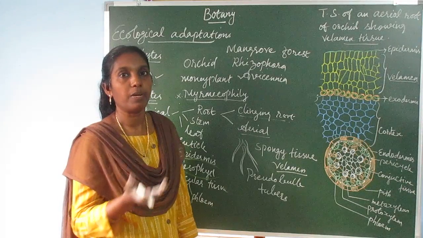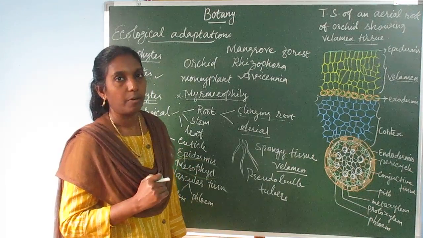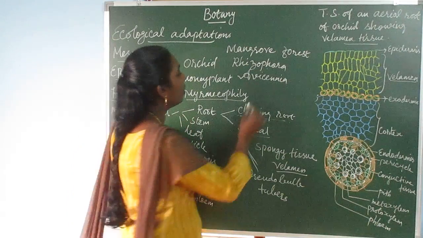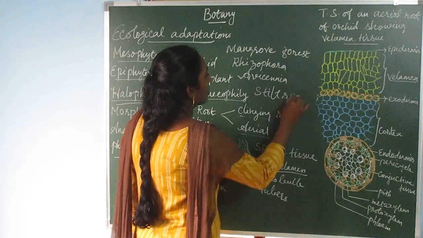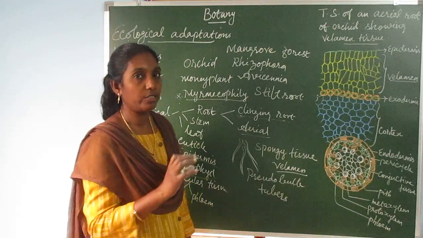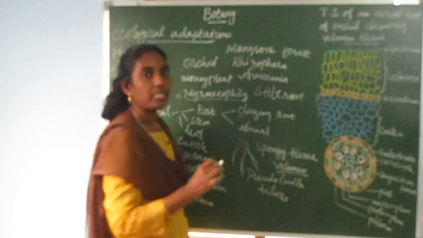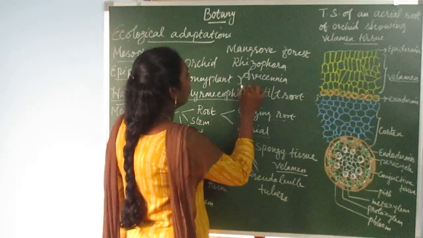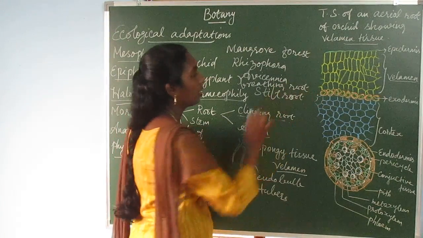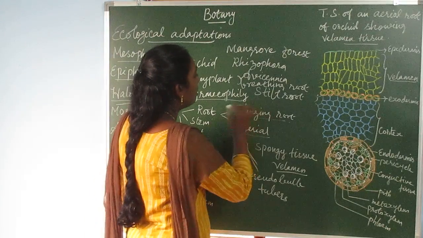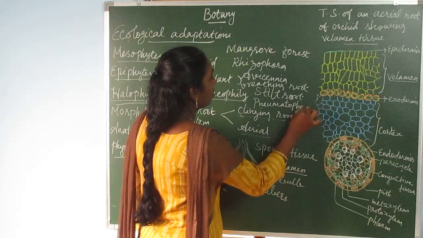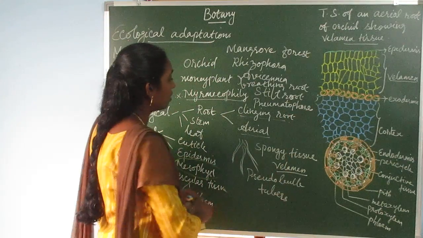In the root system, in addition to the normal root system, there are a number of stilt roots. Stilt roots are observed in addition to the normal root, as well as a root called the breathing root. These breathing roots are otherwise called pneumatophores.